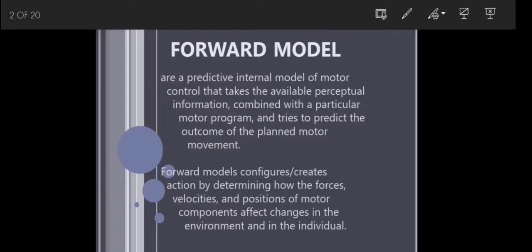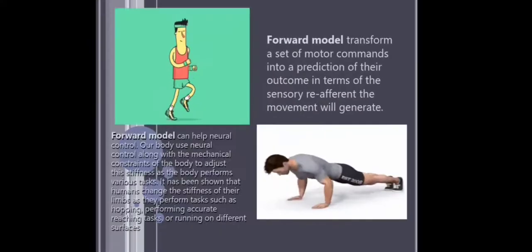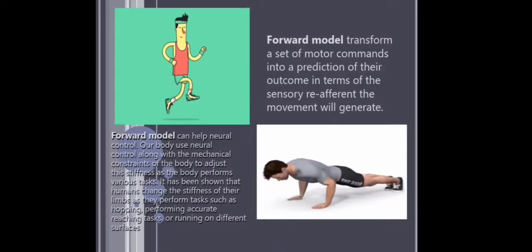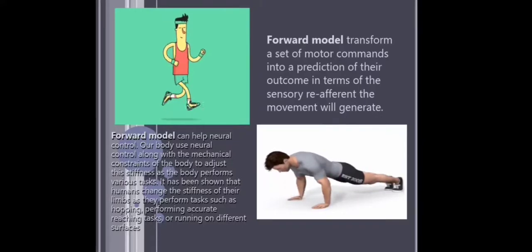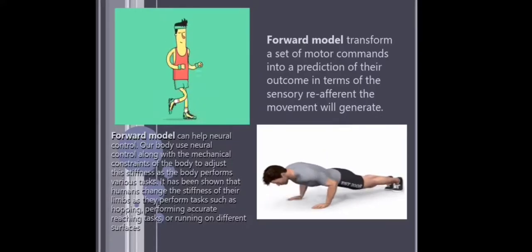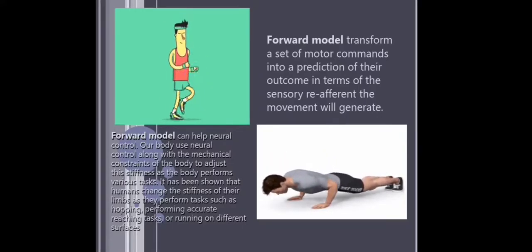So ang kaning forward modal, mao ni siya ang predictive internal model sa motor control na nagakuha og available information from our perceptions niya i-combine na niya sa ato ang motor program and tries to i-predict niya ang outcome sa ato ang giplano nga motor movement. So forward modal transform a set of motor commands into a prediction of their outcome. In terms of the sensory referent, the movement will generate.